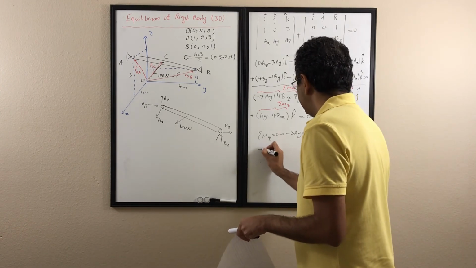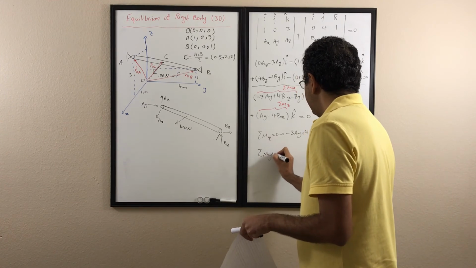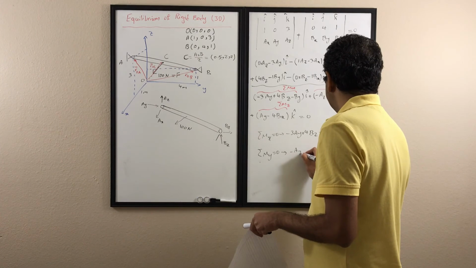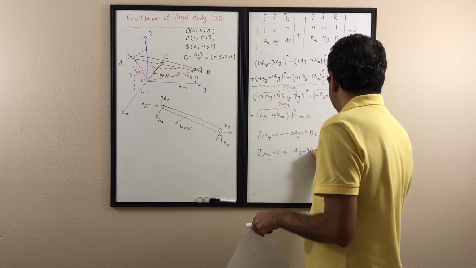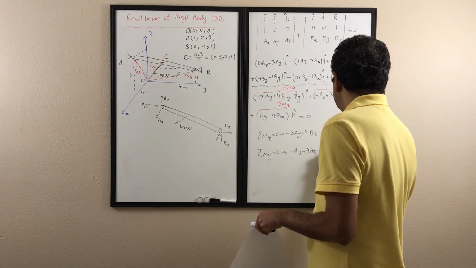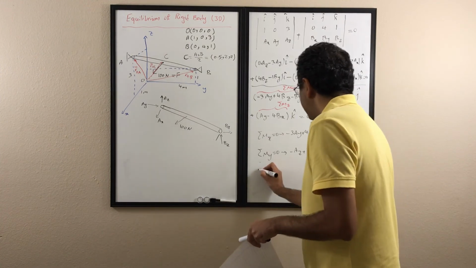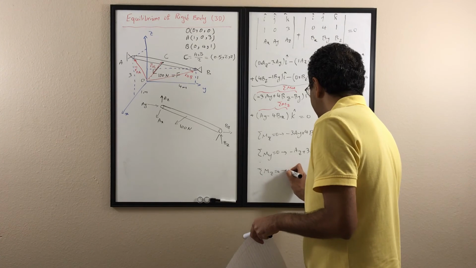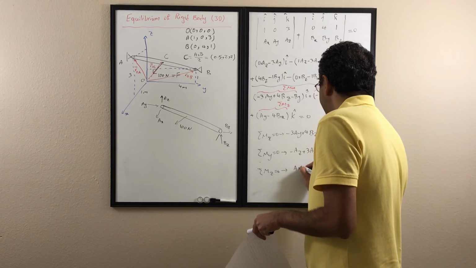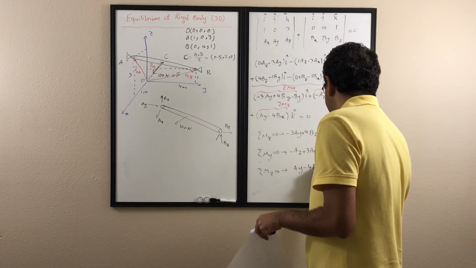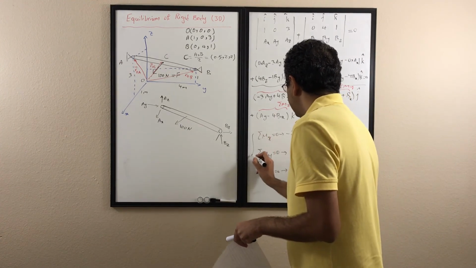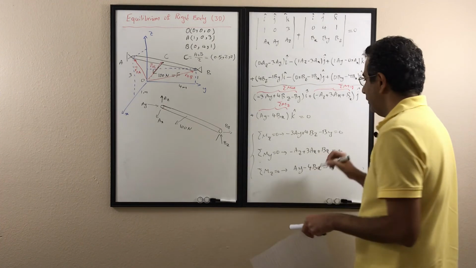Then sigma My is 0, so negative AZ plus 3AX plus BX is 0. And then sigma Mz is 0, so AY minus 4BX is 0. And it gives us three more equations.